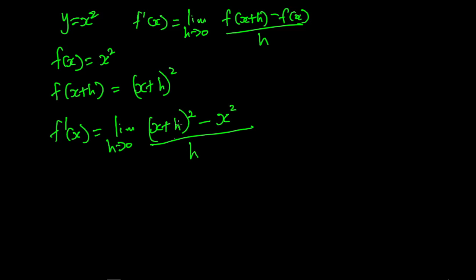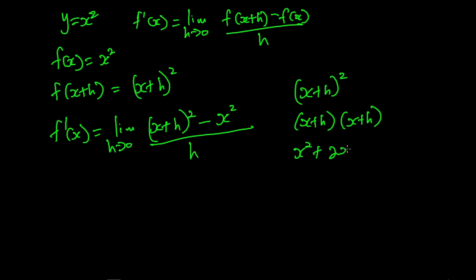Before we go further, let's expand this expression. We have x plus h squared. This is the same as x plus h times x plus h. And by expansion, we obtain x squared plus 2xh plus h squared.